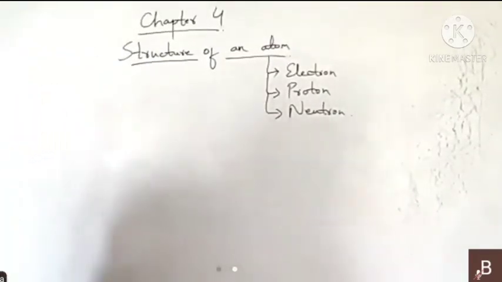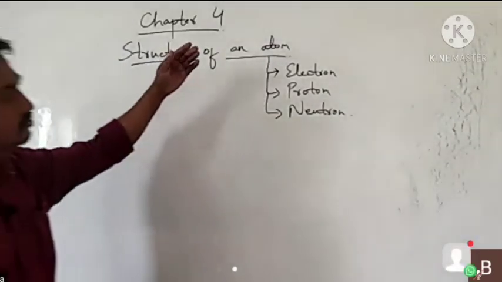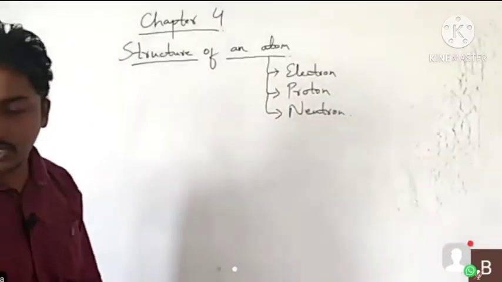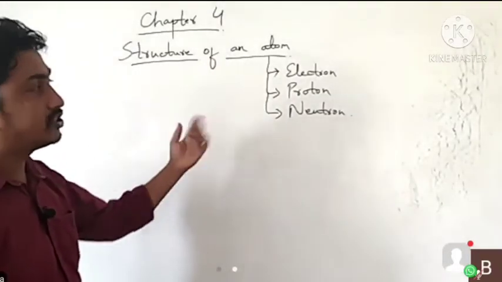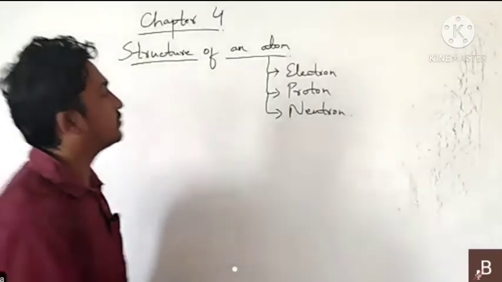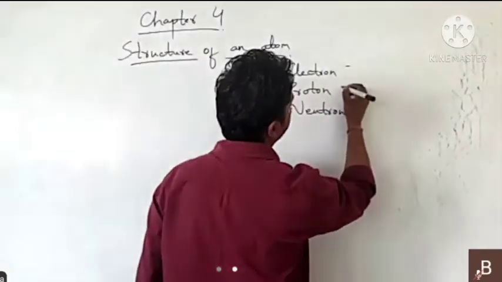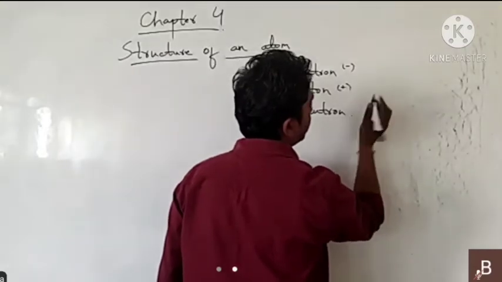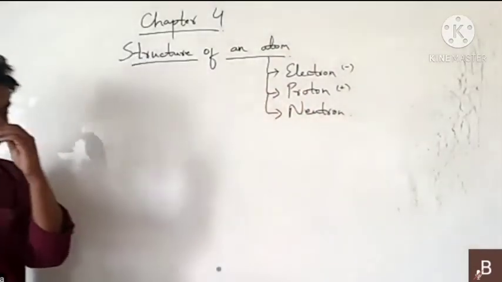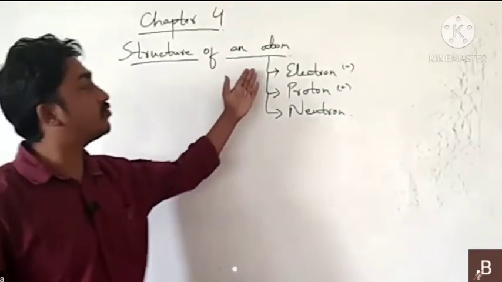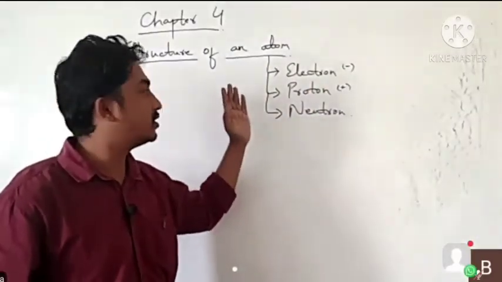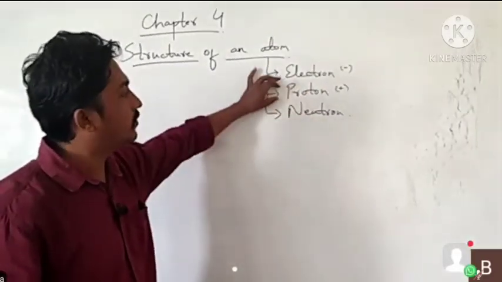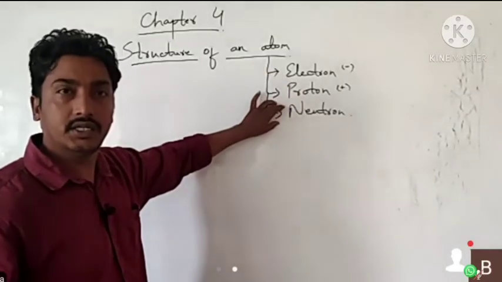We talked about electrons, protons and neutrons. Electrons are negatively charged particles, protons are positively charged particles, and neutrons are neutral, they don't have any charges. We also discussed that electrons revolve around the nucleus, and the nucleus is made up of protons and neutrons.